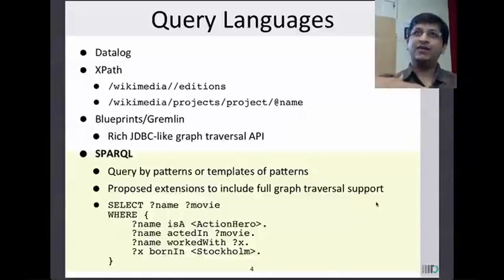In terms of power of the language, SPARQL is no more powerful than SQL. SQL is already Turing complete, so you cannot get anything more powerful than that. The reason why they came up with a new language rather than just reusing SQL is the ease of use and the way you think, right?